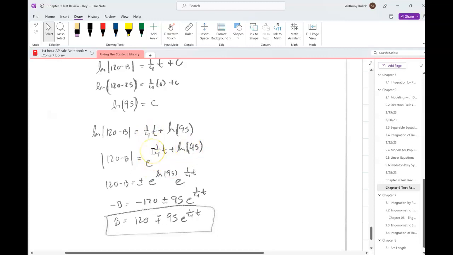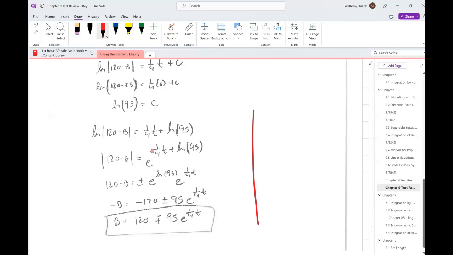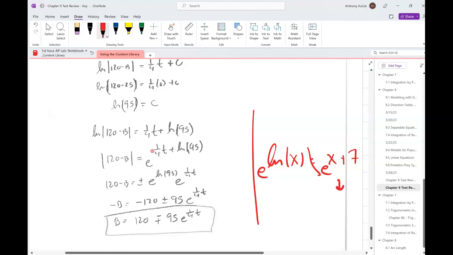When you do something to both sides, like if you have that, that is not equal to doing that. That you cannot do. You can do this and then separate using our rule for multiplying exponents.